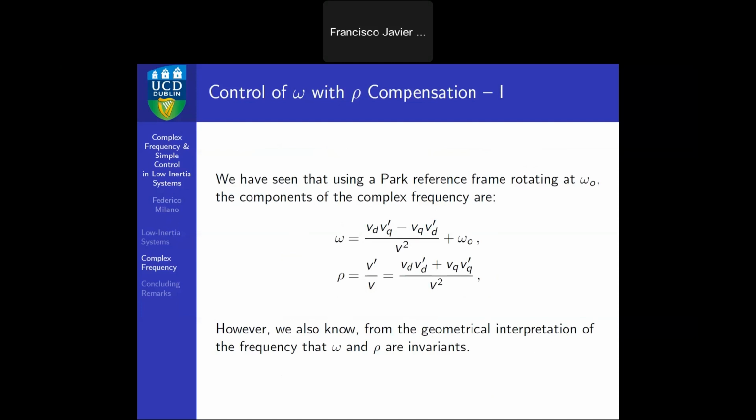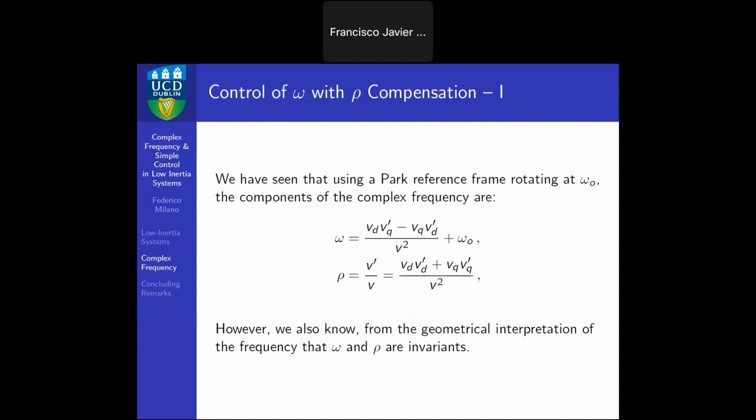So there is no V0 here to add to this component. So rho substantially is only a transient component. Omega has a transient component and a constant component. But we also know that omega and rho are invariant.